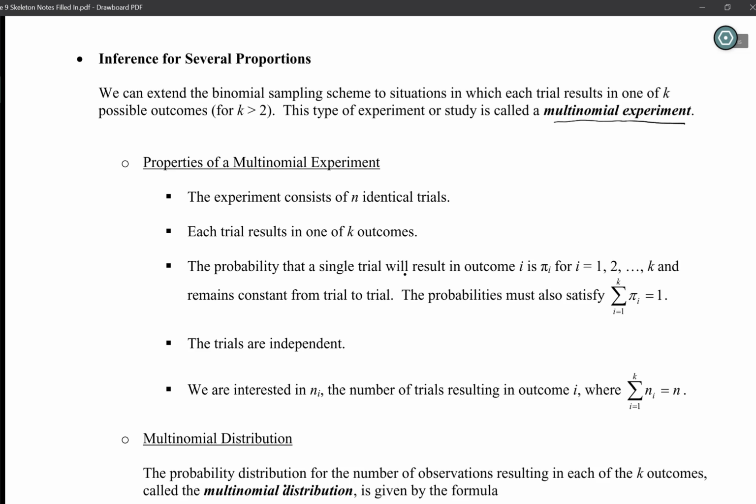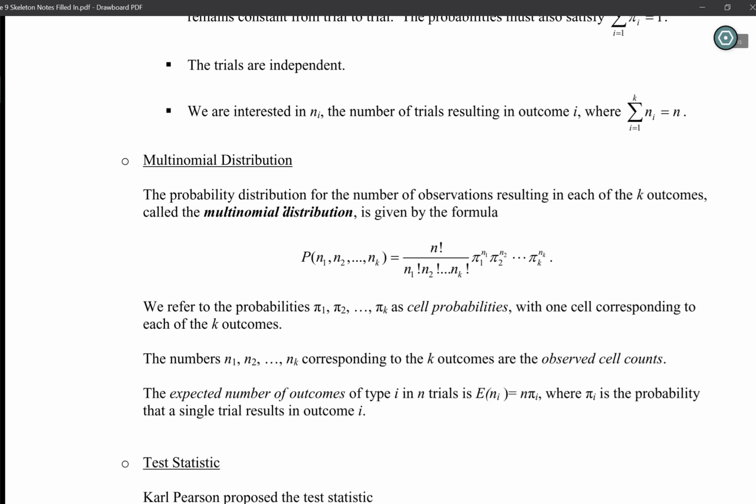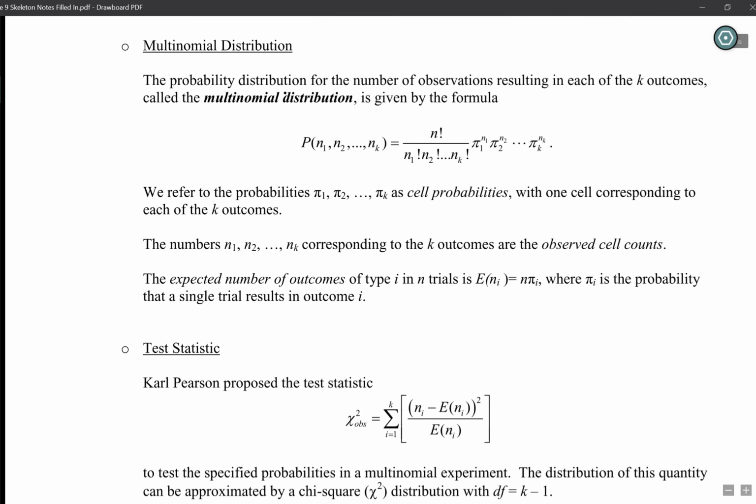N1 would be the number of occurrences of outcome 1. N3 would be the number of occurrences of outcome 3, and so forth. And when you think about it, the sum of each of those counts has got to be the total sample size.